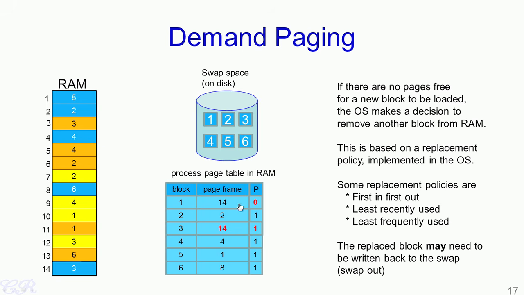This process of removing a block from the RAM and replacing it by another is known as swap out and swap in respectively. The process of moving a block from the RAM to the disk is known as swap out, while the process of loading a block from the disk to the RAM is known as swap in.